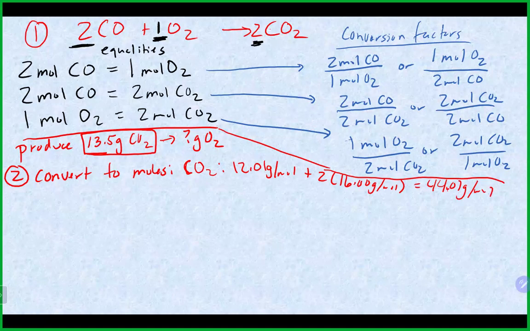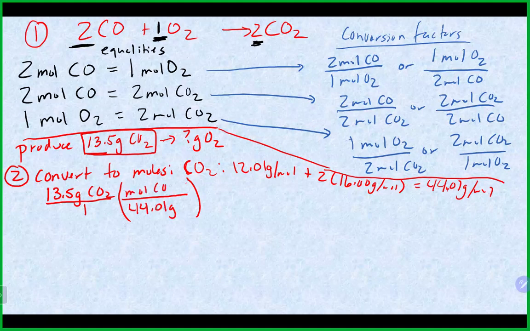So the second thing we'd want to do is take our 13.5 grams of CO2. Remember, we'll just do a little dimensional analysis. So grams are on top, so we do need to flip our molar mass and put the grams of the molar mass on the bottom. So 44.01 grams per mole of CO2.